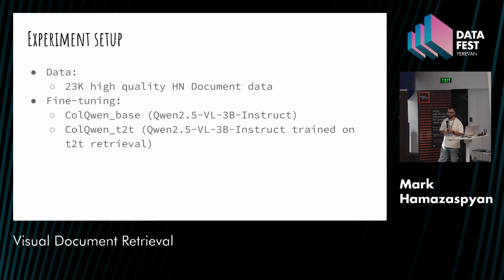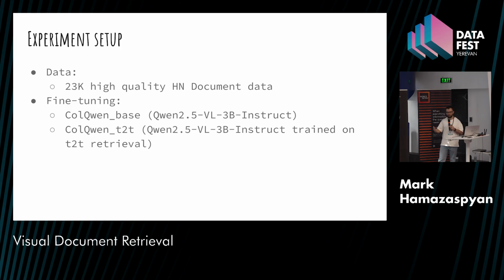So what you did before in the previous slides is not here. The second part, strategy 1, is doing text-to-text retrieval. So the ColQwen text-to-text, this is not the previous models as a base. You again start from Qwen from scratch. Yeah, every experiment we do, we start with Qwen. I see, okay.